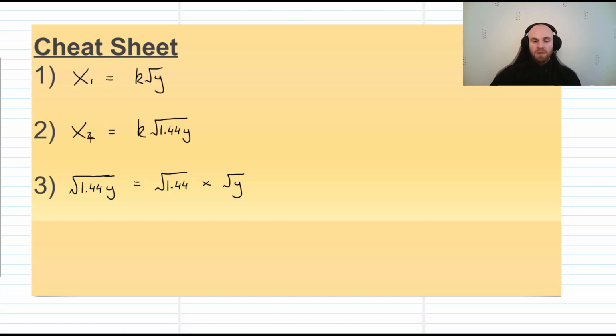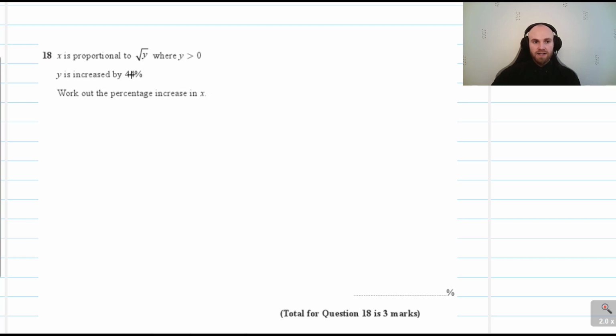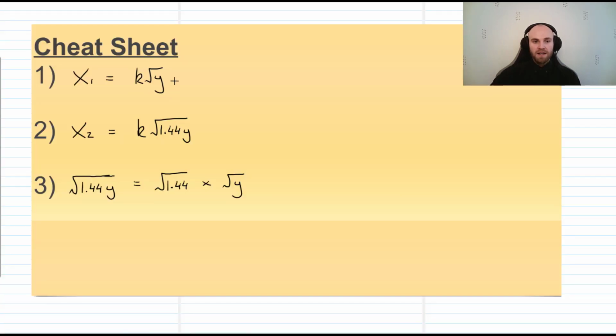And then when we're looking at what happens to x after this increase in y by 44%, it's going to be x equals k root 1.44y. This y is going to increase by 1.44. We're going to increase by 44%.